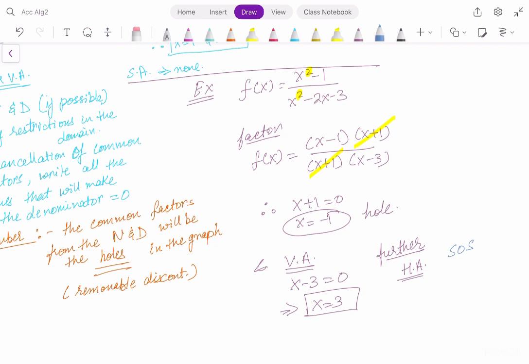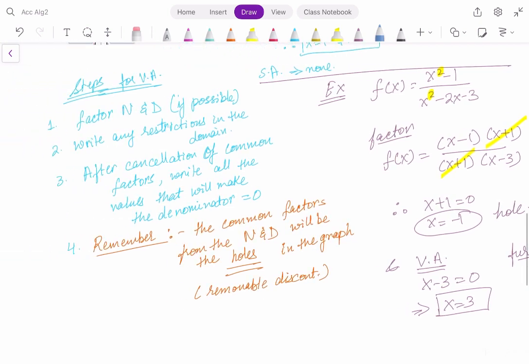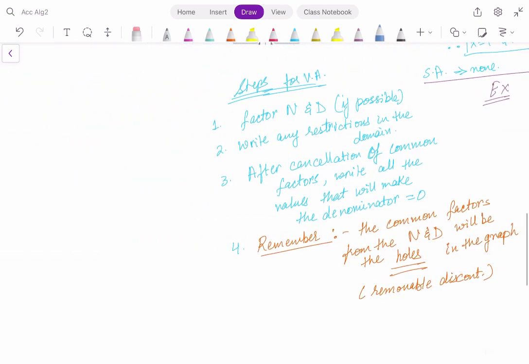So we are using SOS, same on same. So y is equal to 1 over 1, which is nothing but 1. Is there any slant asymptote? No, there is no slant asymptote because the highest powers are the same.